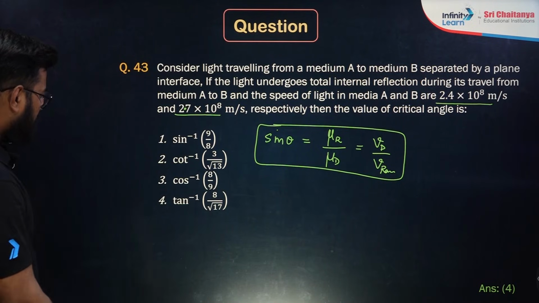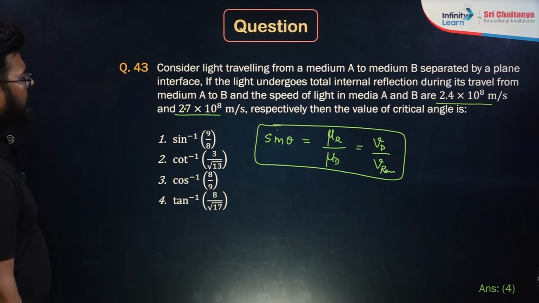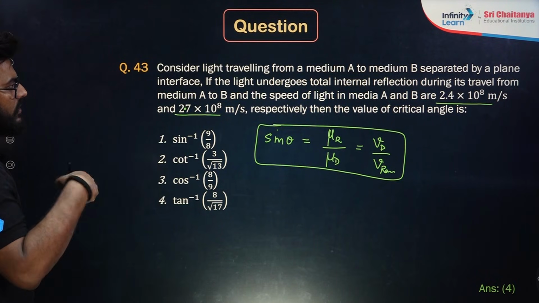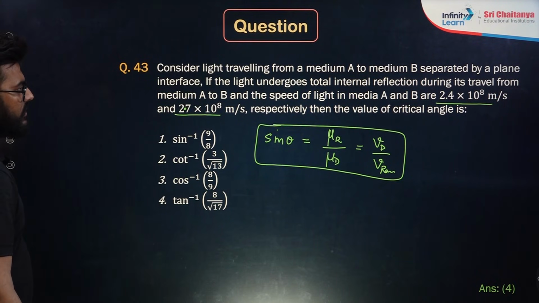So option number 4, by a plane interface, if the light undergoes total internal reflection during its travel from medium A to B, and the speed of light in medium A and B, so denser to rarer, perfect. So this is denser.